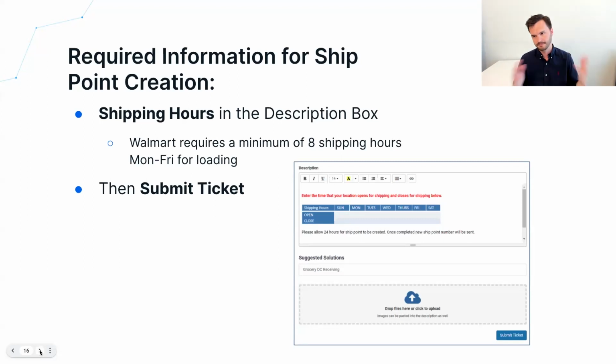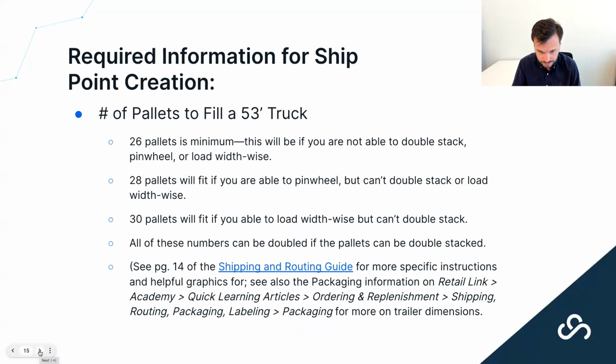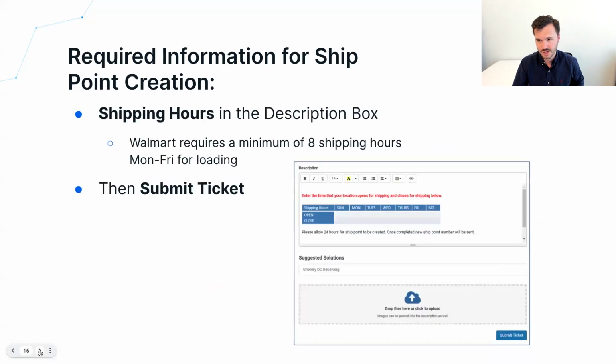But to go back here for a second, the point of that last bullet point is the shipping and routing guide is really your good place to start, but there are other educational resources that Walmart is providing to make sure that all of your bases are covered.